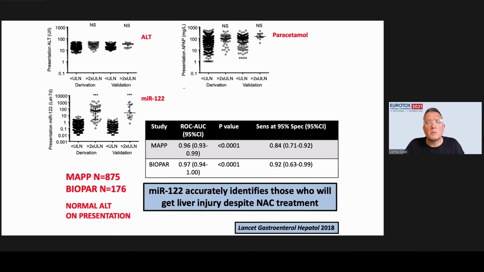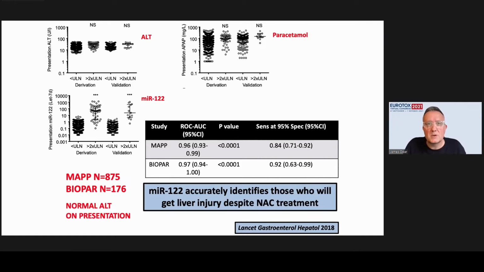And with MIR122, what we found was, so these are patients who have presented to hospital following paracetamol overdose with a normal ALT. So on the top left, you see 4 groups. There's a derivation and a validation cohort in the study design. And below the upper limit of normal, or 2 times above the upper limit of normal of ALT, is how we're defining liver injury. ALT was not different across groups, which is a fact, because I'm only presenting here people with a normal ALT.